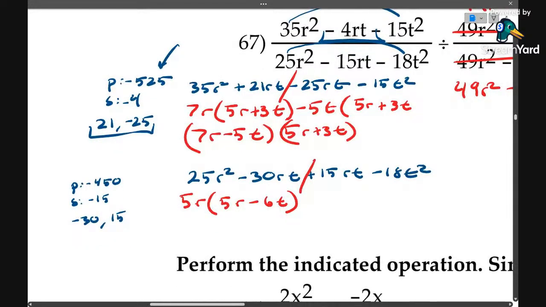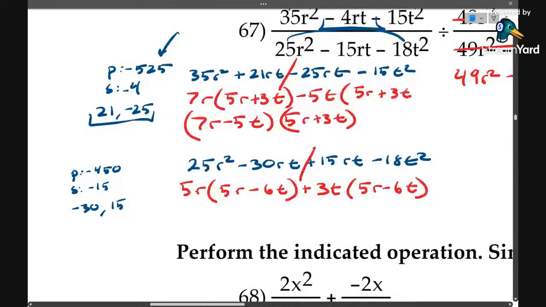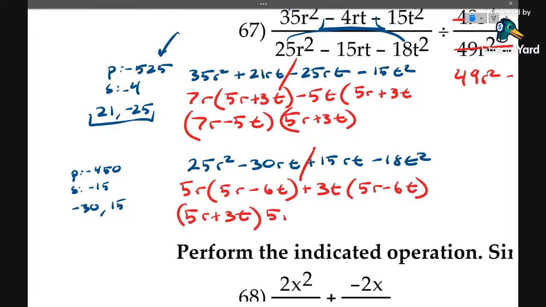And for the second one, we are looking at plus 3t to leave us with 5r minus 6t. So our first denominator is 5r plus 3t and 5r minus 6t.